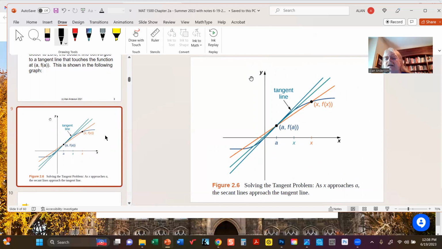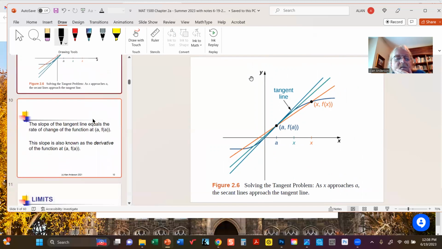So that tangent line plays a very significant role in calculus. That's what we're actually interested in. It's the slope of that tangent line that we really care about. That slope will prove to be hugely important.